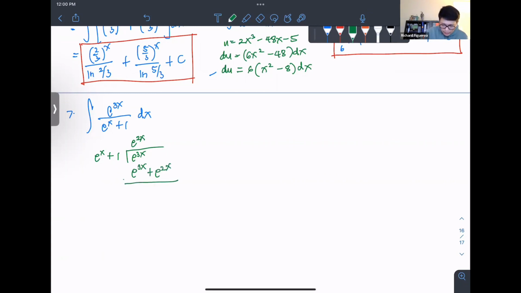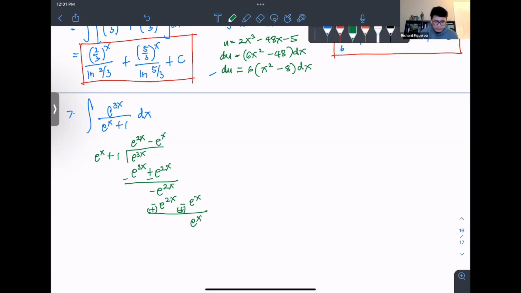And we change sign. This is minus, this is minus. I'll have negative e raised to 2x. So negative e raised to 2x divided by e raised to x would be negative e raised to x. And negative e raised to 2x, then I'll have negative e raised to x. So this one would become positive, this one will become positive. I'll just have e raised to x.